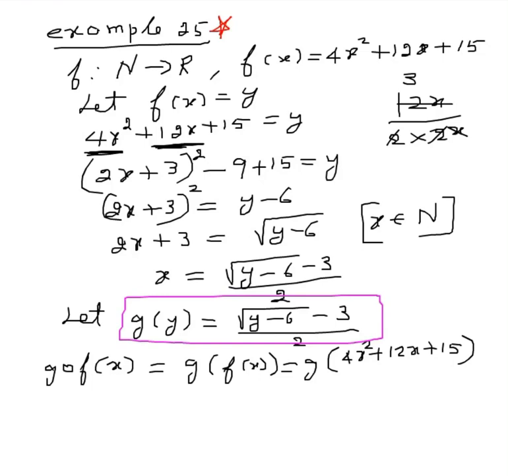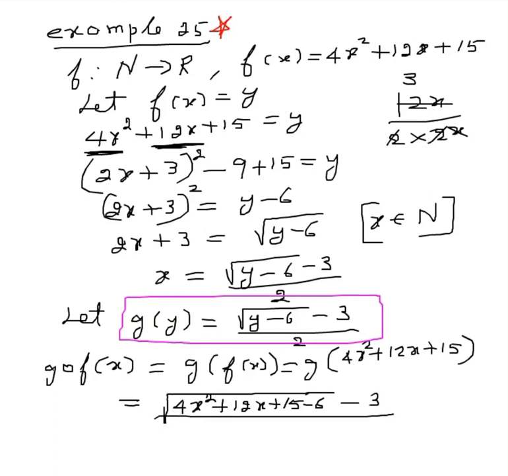Let us use the g definition. We get root of, our y here is 4x squared plus 12x plus 15, and we have minus 6 inside the square root, minus 3, divided by 2.